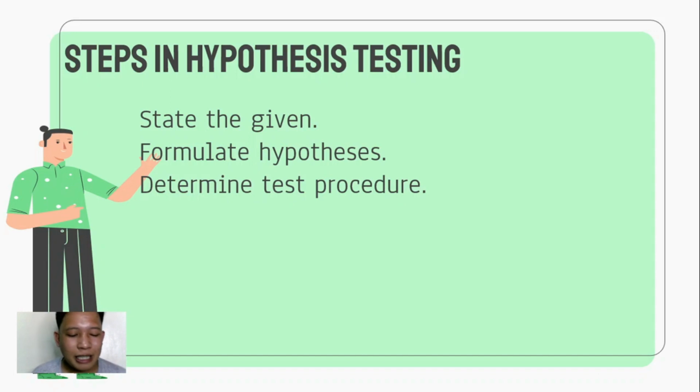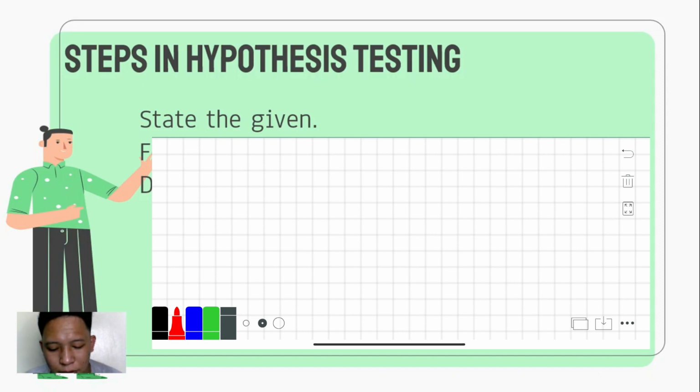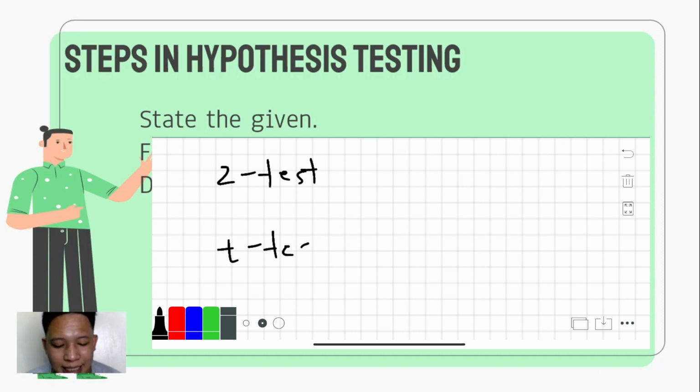Okay? Next is for us to determine our test procedure. There are two test procedures in hypothesis testing. We have the so-called z-test, and we have the so-called t-test. Alright? So, medyo familiar na kayo dito kasi na-catch up na natin siya on the previous modules.